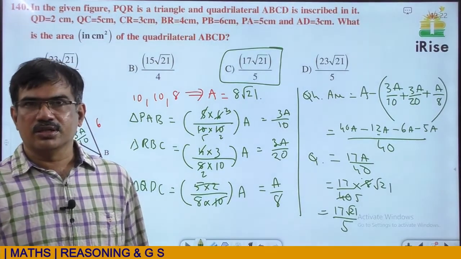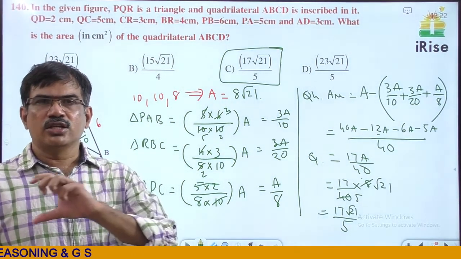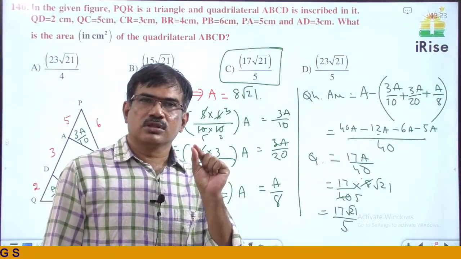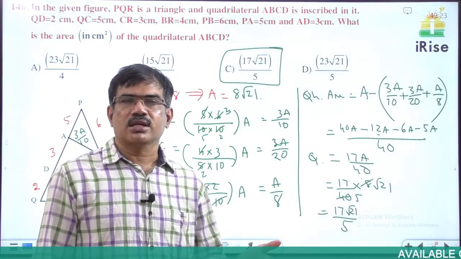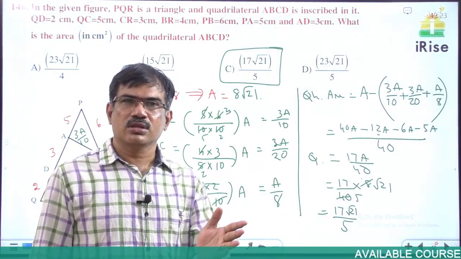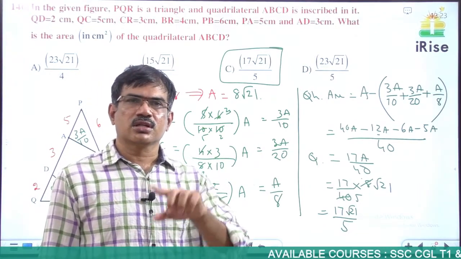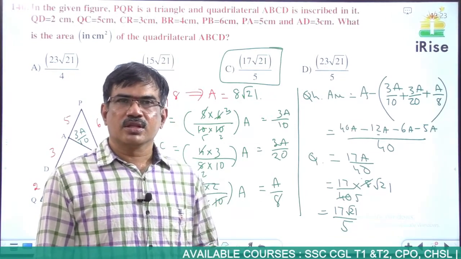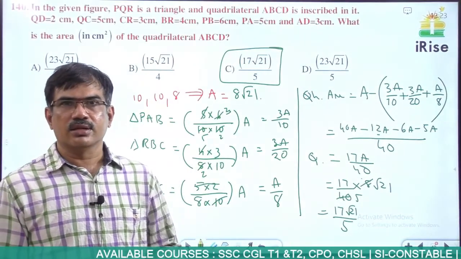So this is about some questions related to triangles. In all these geometry topics, triangles are the most important topic. Quadrilateral questions and even circles are based on triangles. Generally, a question related to circles is not only about circle concepts. In the circle, some triangles and quadrilaterals are included.